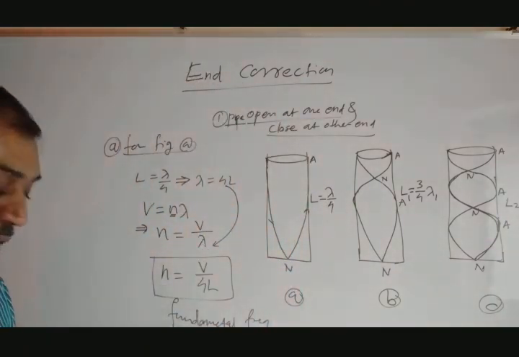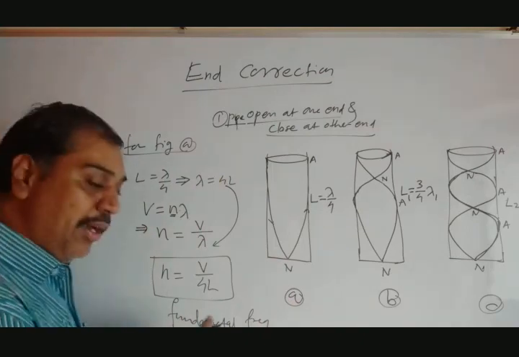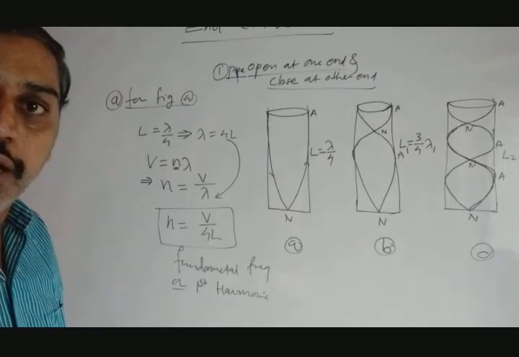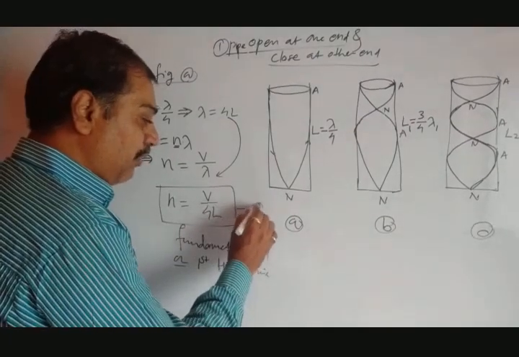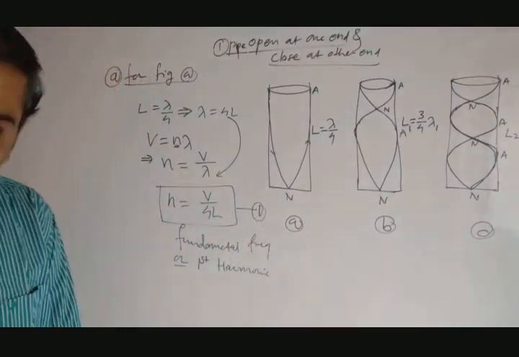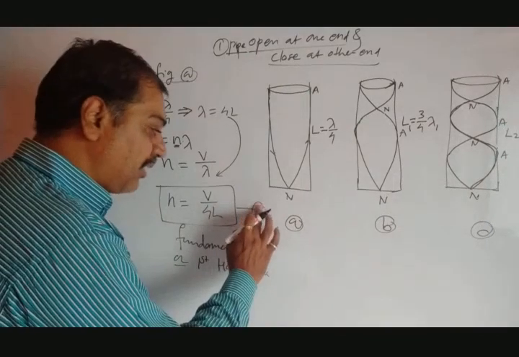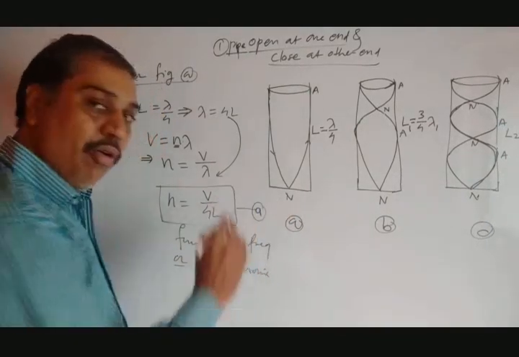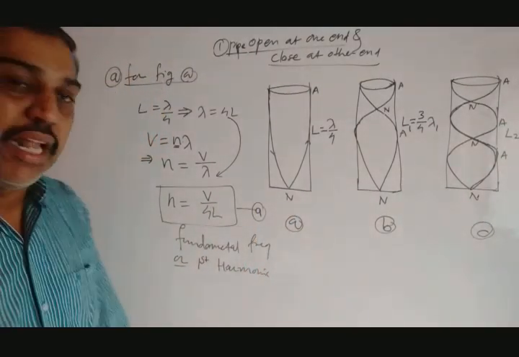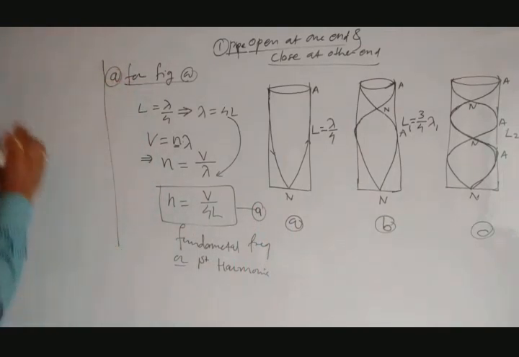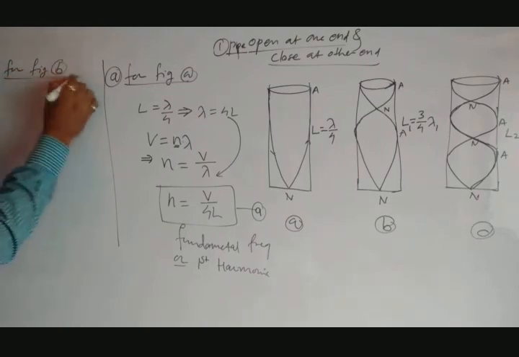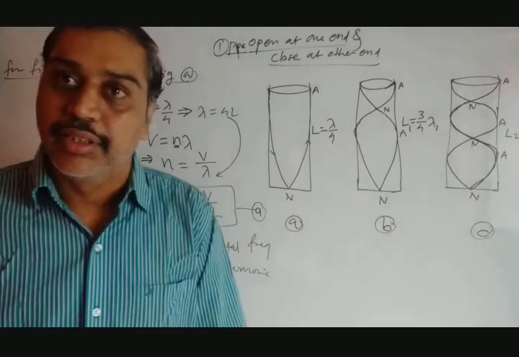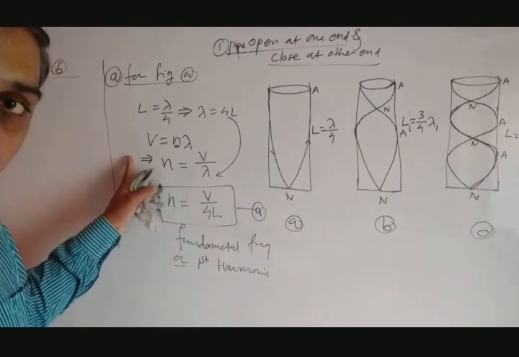Let's suppose this is equation 1. This is for figure A. Similarly, you can consider the second case, it is B, for figure B. This is for the fundamental mode of vibration.